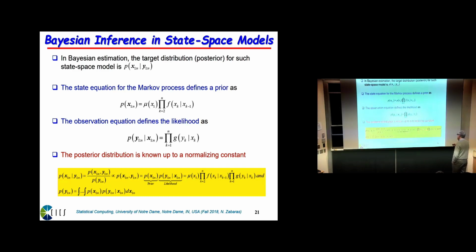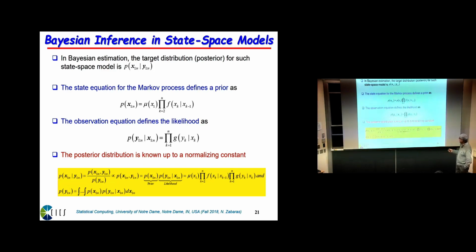This is the transition, the model for our states, and this is the observation model, okay? So the initial state, the transition model, and this is the observation models. So really this is the prior of all the states without any observations. This is the likelihood. Together they get you the unnormalized posterior.